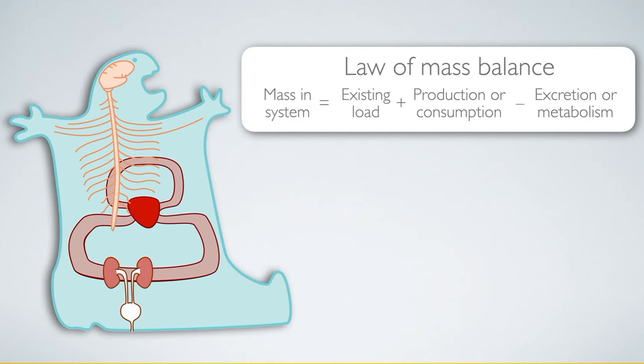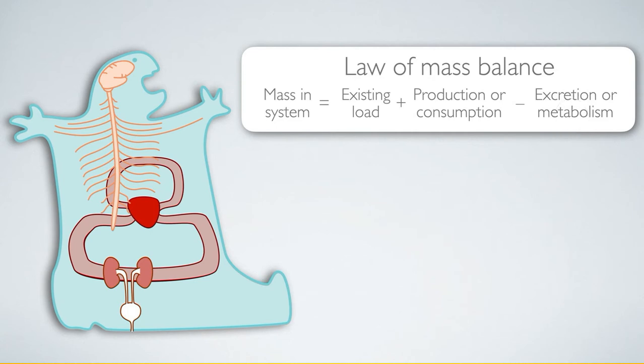It could be energy, dissolved oxygen, etc. And it's just quite simply the amount of it that you have in the body as being equal to what you currently possess, plus whatever you take on, you produce or consume. In the case of water, a glass of water would be included there, minus what you get rid of. You excrete, like when you urinate for water, or metabolize, which doesn't really apply so much for water.